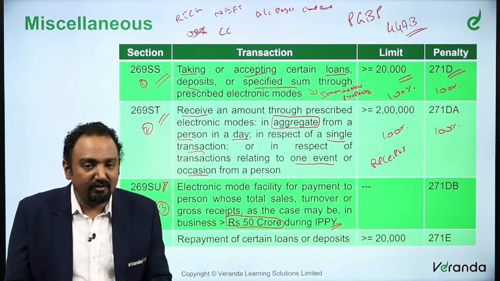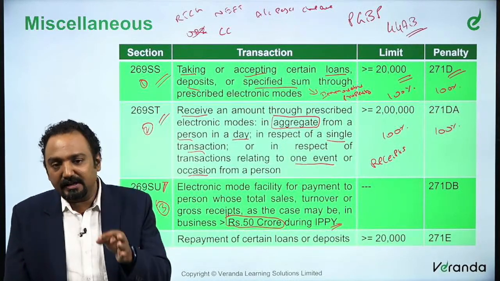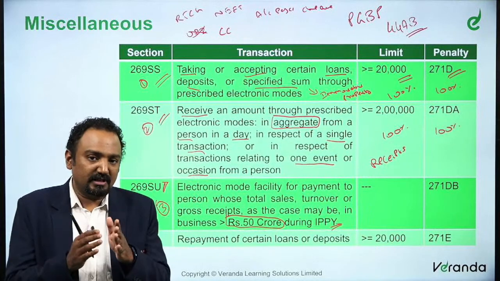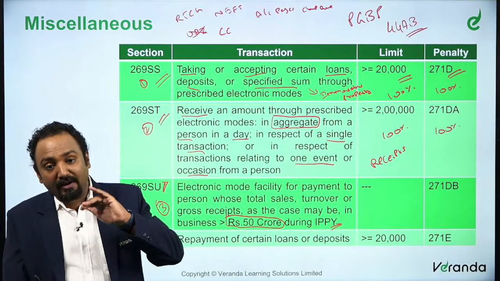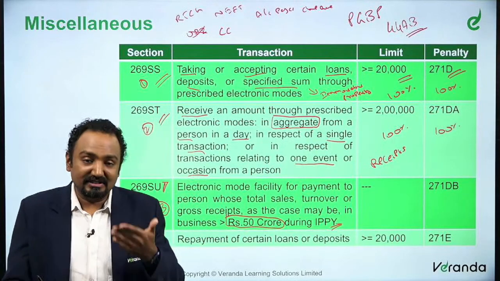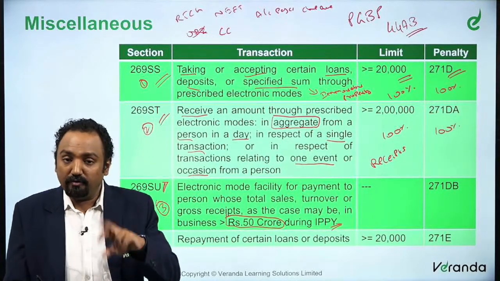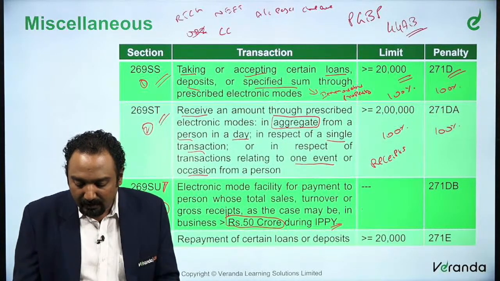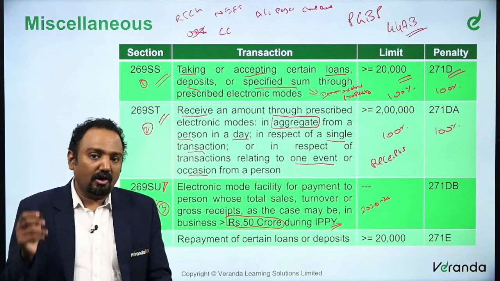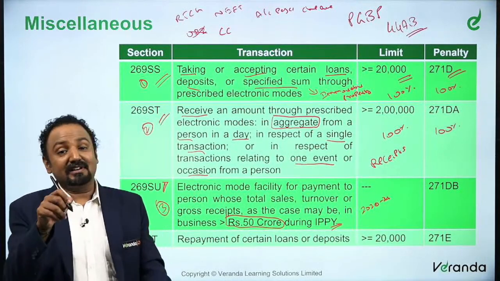So, if you are looking at financial year 21-22, that is from 1st April 2021 to 31st March 2022, you will have to see the sales, turnover or gross receipts of which year? The previous year, that is 2020-21. So, what is the turnover or sales or gross receipts in that relevant year?